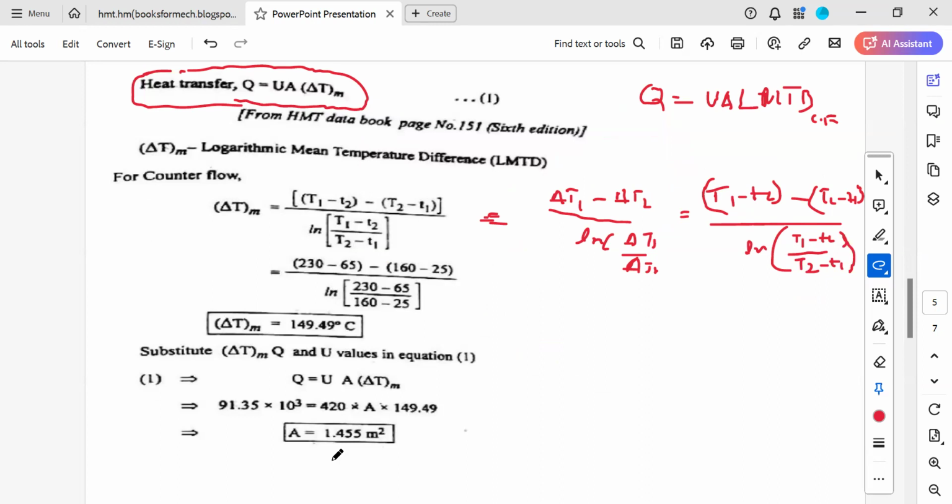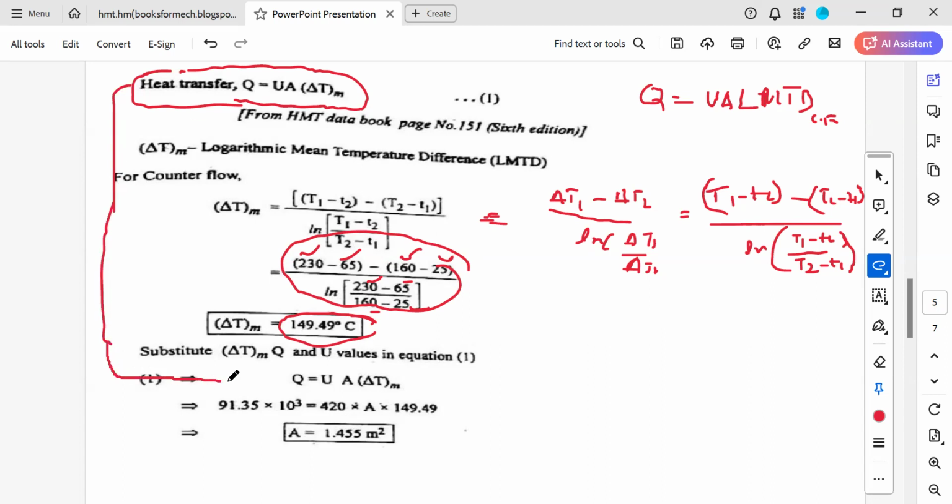Substitute all the values: 230 minus 65, minus 160 minus 25, divided by ln of 230 minus 65 by 160 minus 25. If you calculate this, the value comes around 149.49. Now take the standard equation Q equal to A U LMTD.